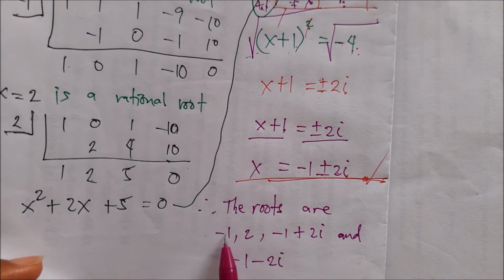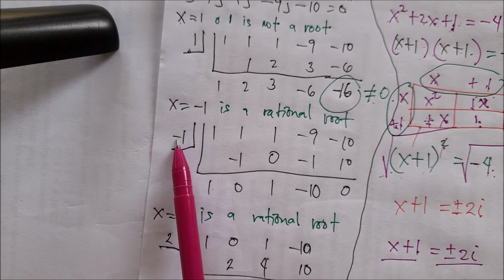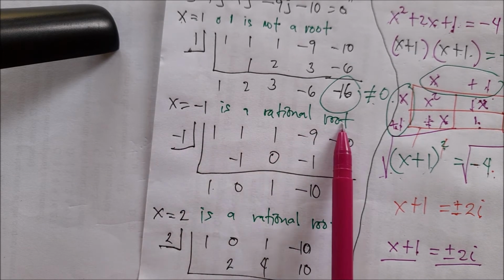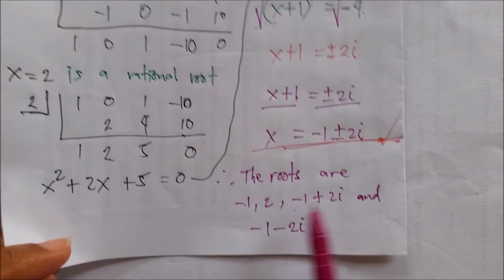Why is it negative 1? From the given synthetic division, negative 1 is a rational root. Why is there no positive 1?